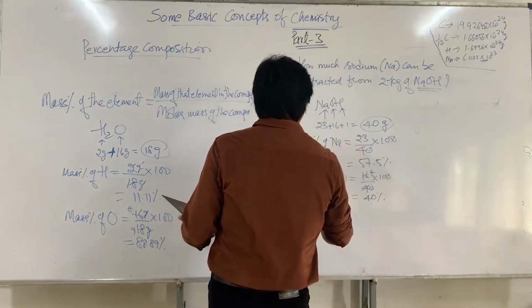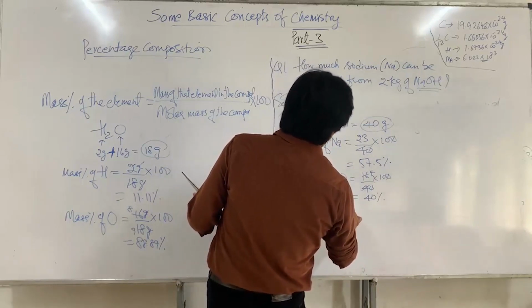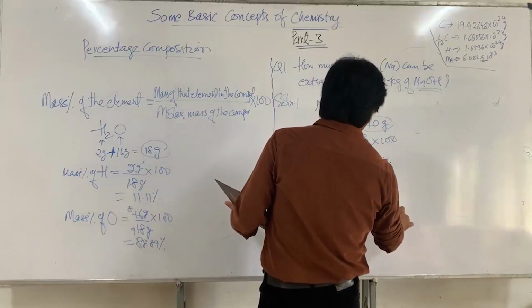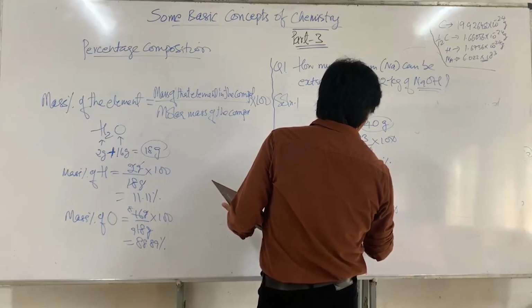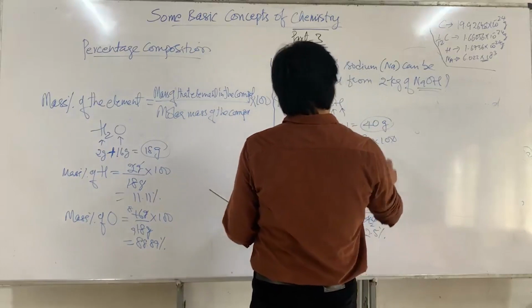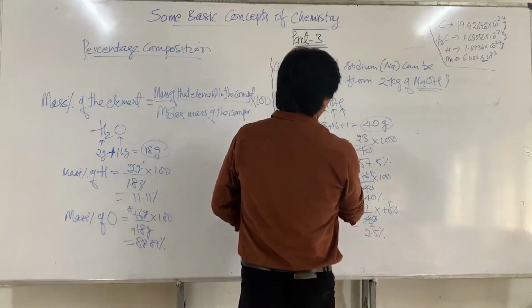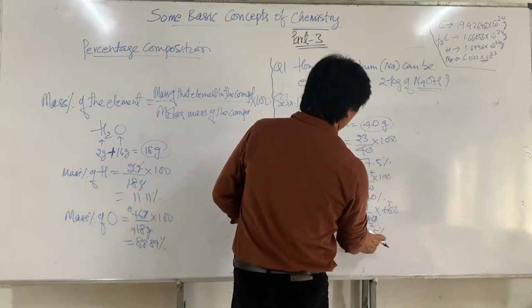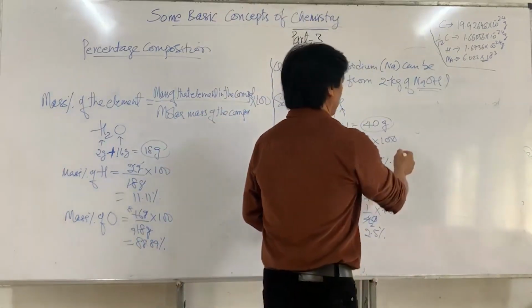And then the mass percentage of hydrogen is just 1 upon 40 into 100, so it's 2.5%. In terms of percentage, the mass percent of sodium is 57.5, that of oxygen is 40, and that of hydrogen is 2.5. When you add these up, the sum should give you exactly 100%, right?